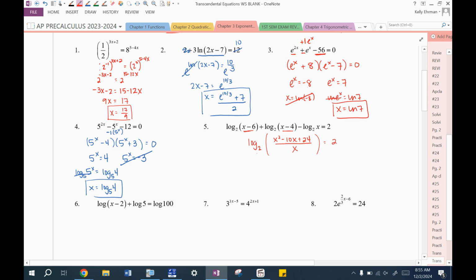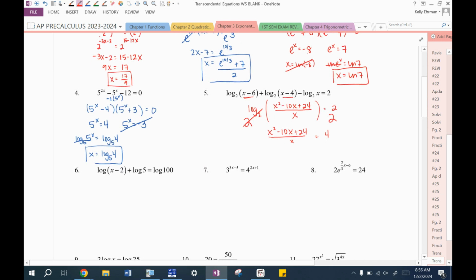All right, so now it's a single log equation. So how do we get rid of a log base 2? We base 2 both sides. Log base 2 cancels out, so you get x squared minus 10x plus 24 all over x equals, what's 2 squared? 4. How do I solve this equation?